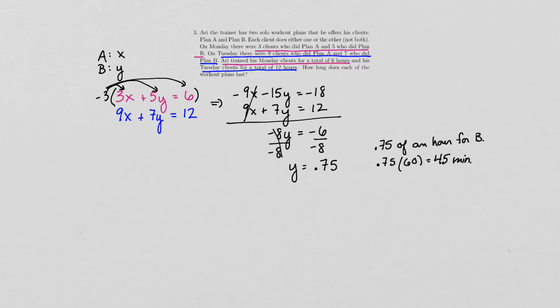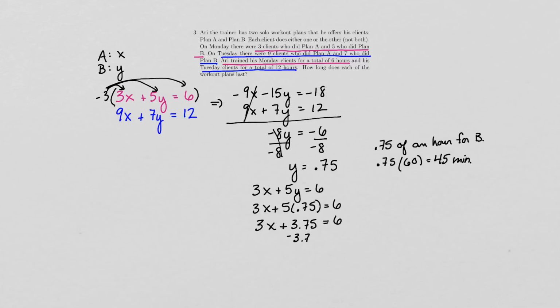And then to find x, we plug back into one of our equations. So 3x plus 5y equals 6. And again, I have to use this 0.75. So 3x plus 5 times 0.75 equals 6. So 0.75 times 5, I have 3x plus 3.75 equals 6.